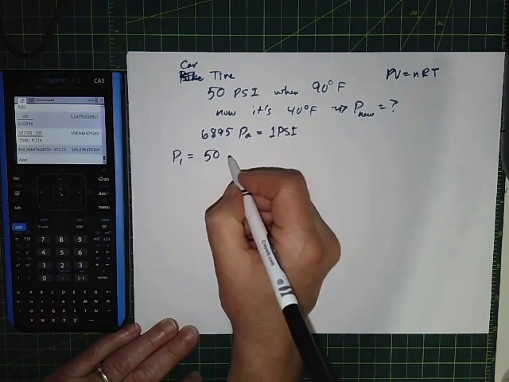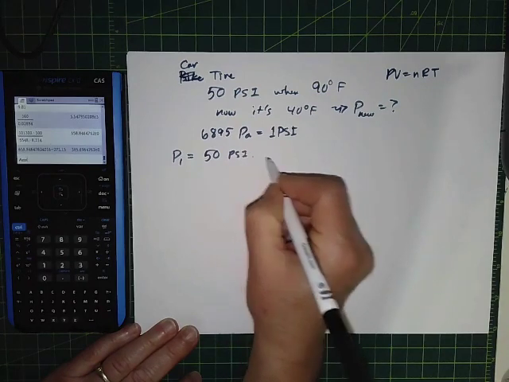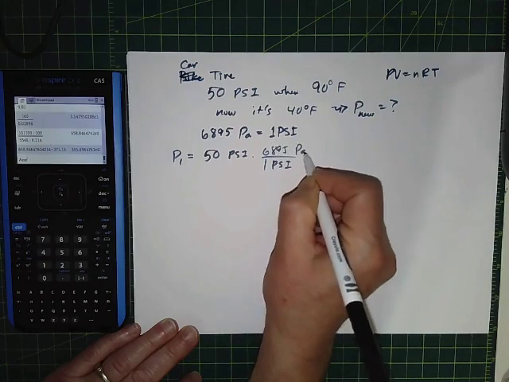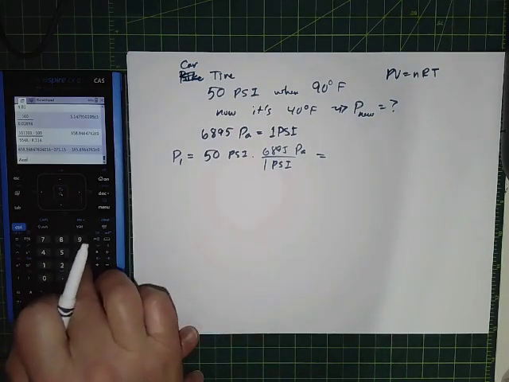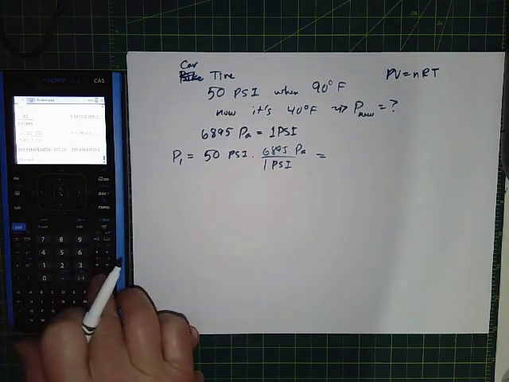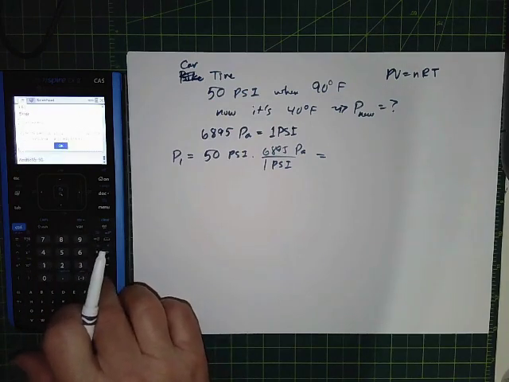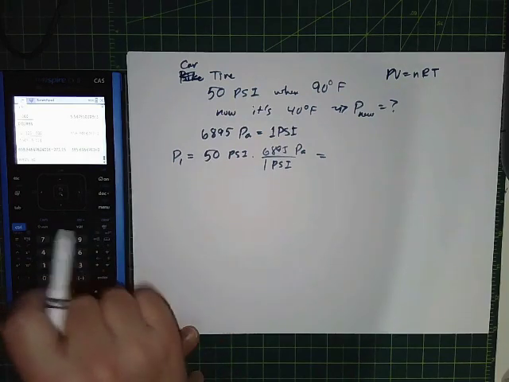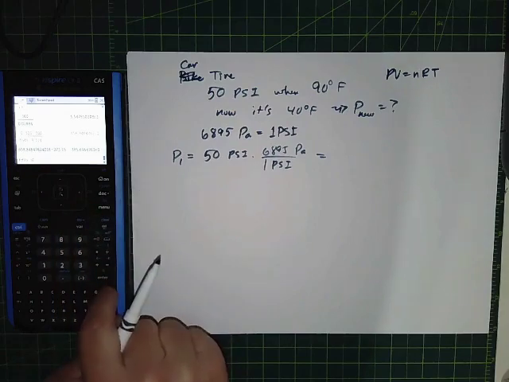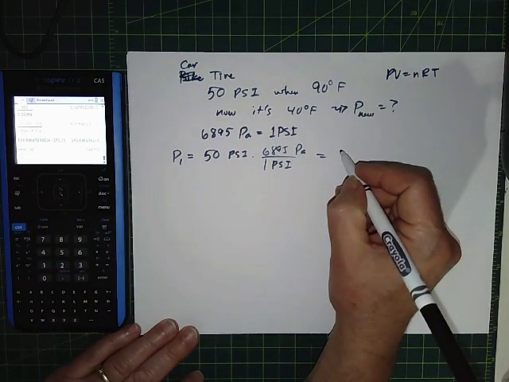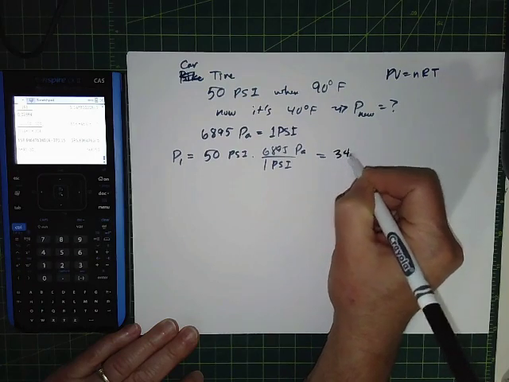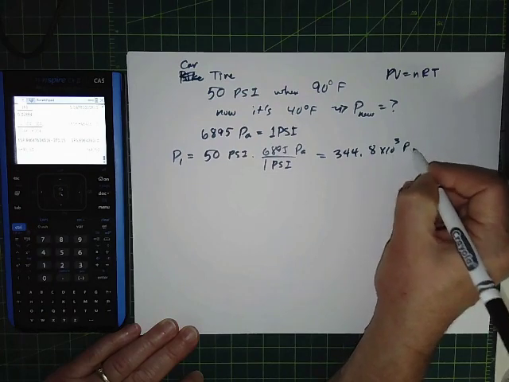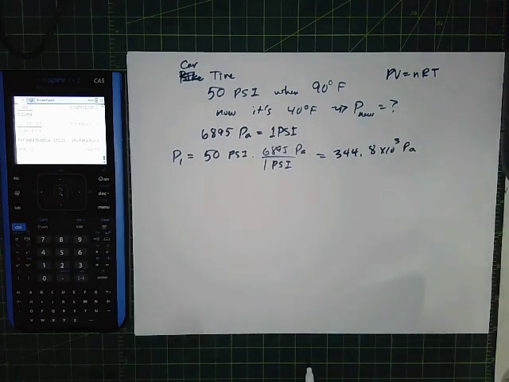P1 is 50 psi, and 1 psi is 6895 pascals. So 6895 times 50 gives us 344.8 times 10 to the third pascals, kilopascals, if you want to go with that.